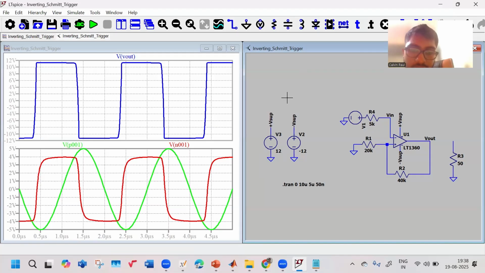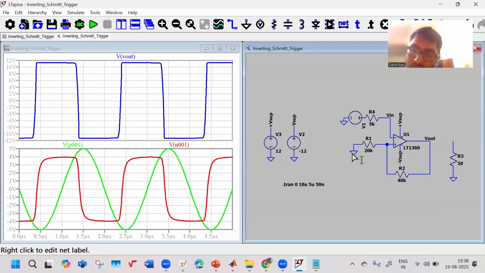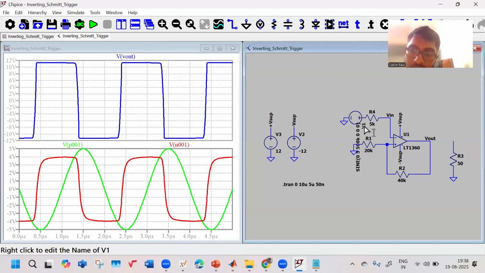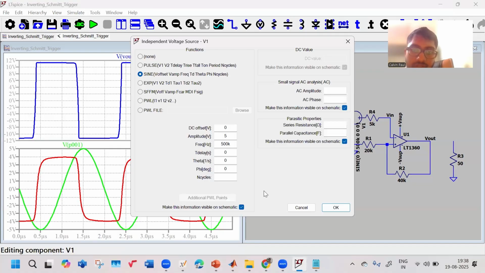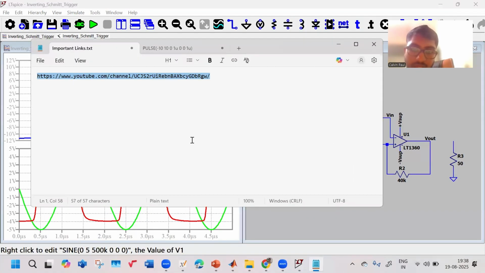No, sir. Okay. So what I've asked in the question is, what will be the average output of the Schmitt trigger if a symmetrical triangular wave of peak to peak VM is applied at the input? Okay. So I want to apply a triangular wave. So let me go over here. Change it. This I have to change to this graph.